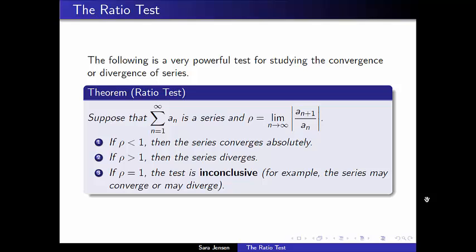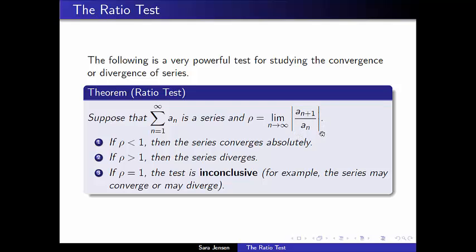So let me state what the ratio test is before working out an example. Suppose that we have an infinite series with addends a sub n, and unlike some of our other tests, all we're assuming is that this is a series. I don't care if the terms are positive or negative or alternating. What I'm going to do is take a look at the limit as n is approaching infinity of the absolute value.